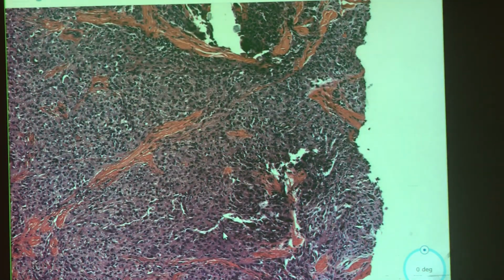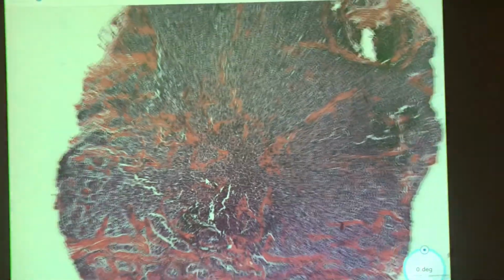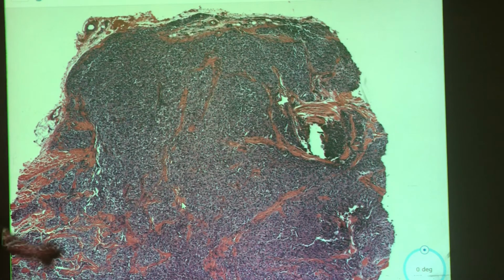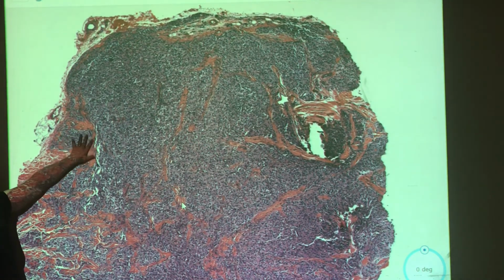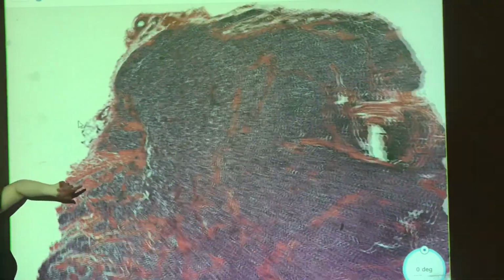Do you have an area of interest? So I think just maybe going at a little lower power to try and see the arrangement, because it's very cellular, so that makes it somewhat difficult. But what I kind of notice is areas like this where it's a definite almost nodular area.